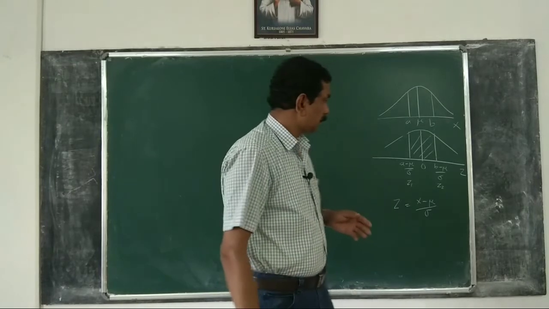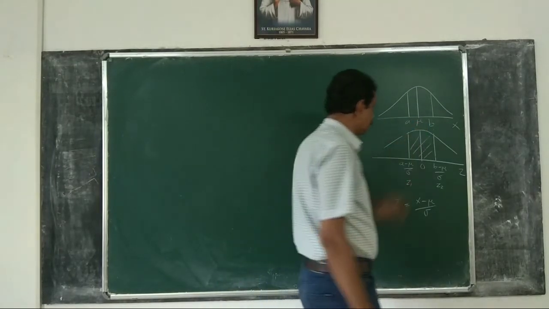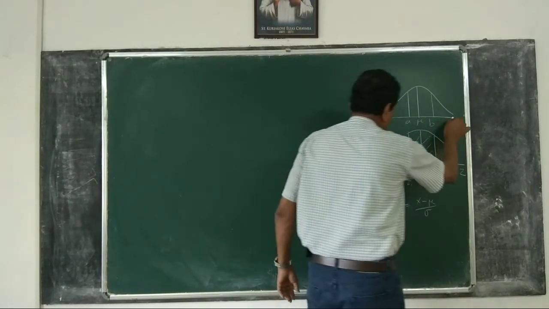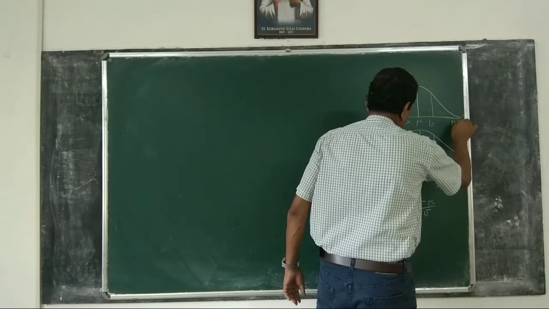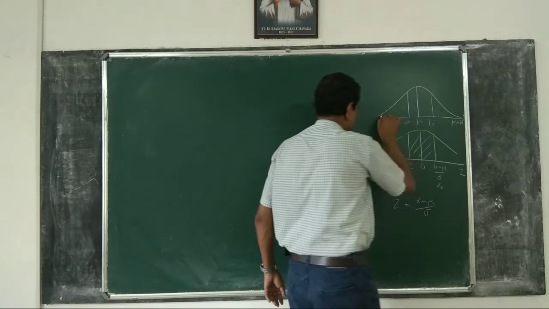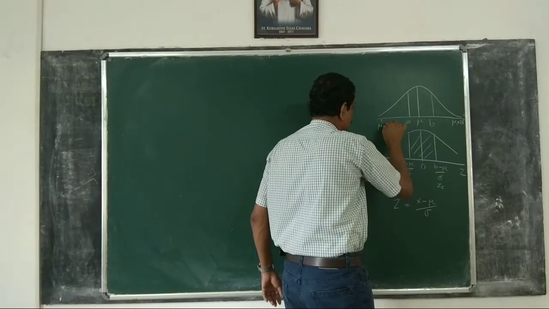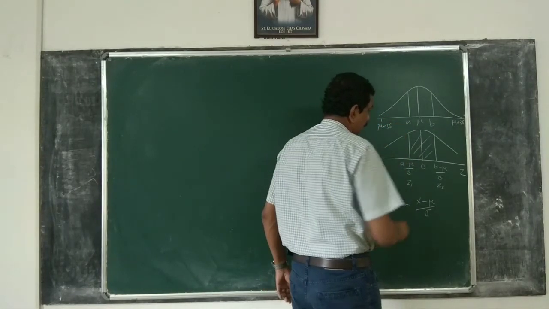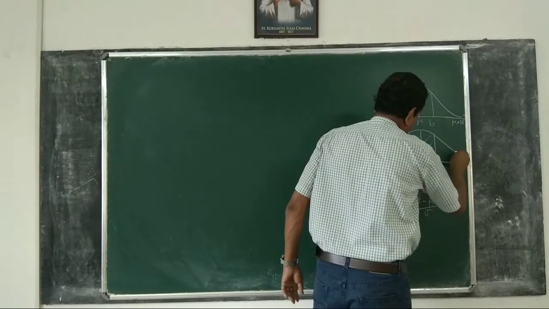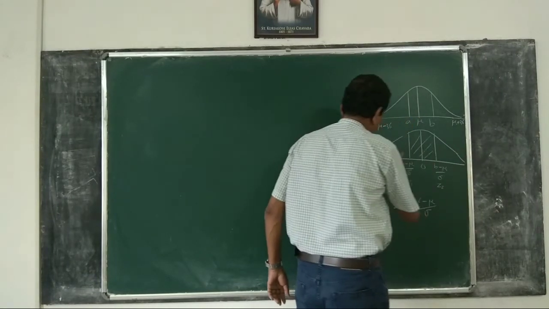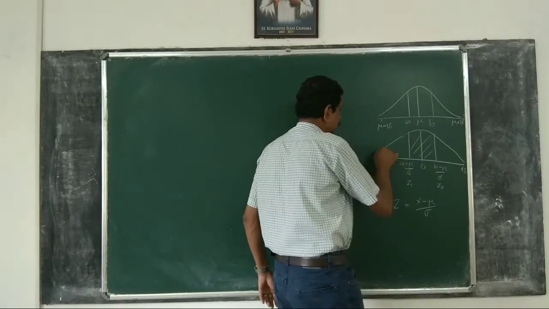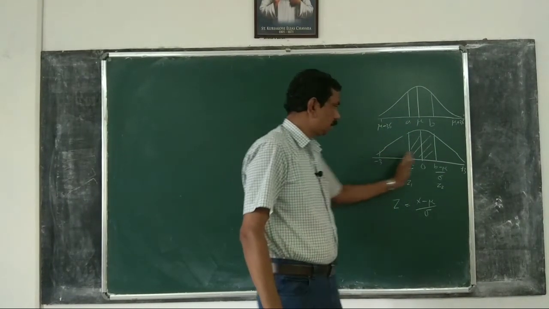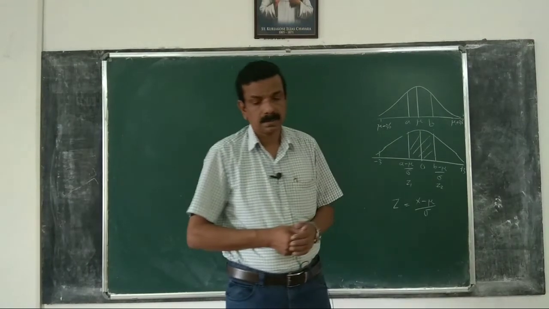Third, a normal curve is close to the x-axis beyond mu plus 3 sigma and mu minus 3 sigma. So naturally, a standard normal curve is close to 0 beyond plus 3 and minus 3.